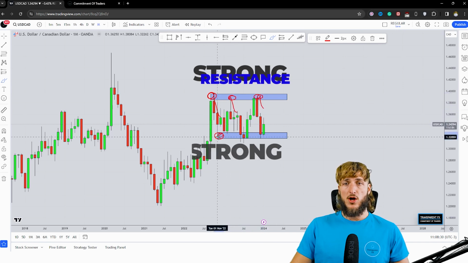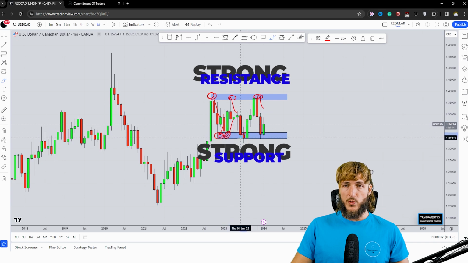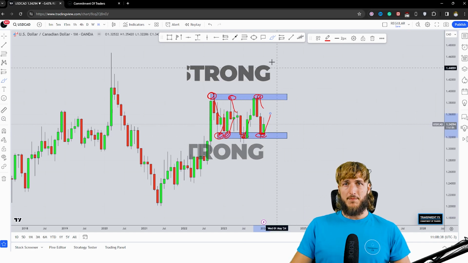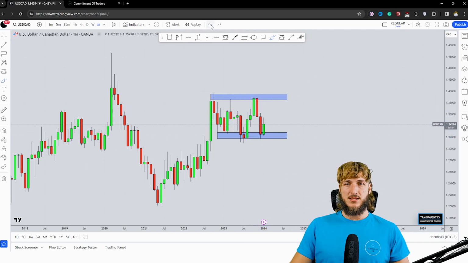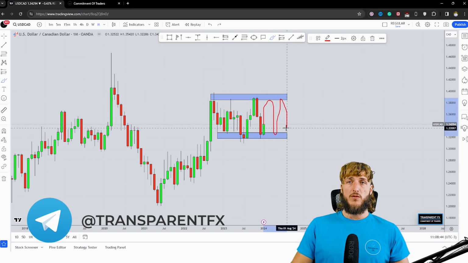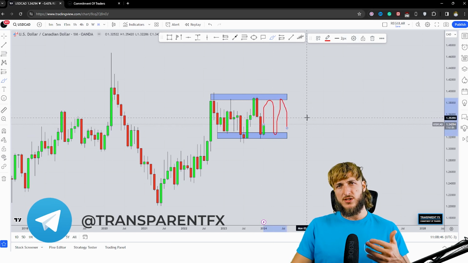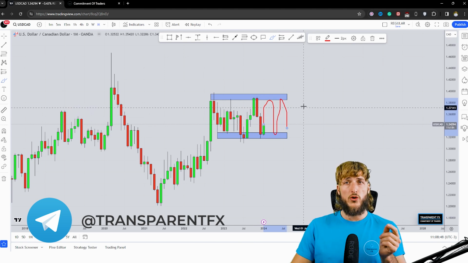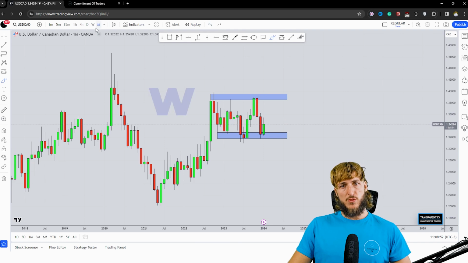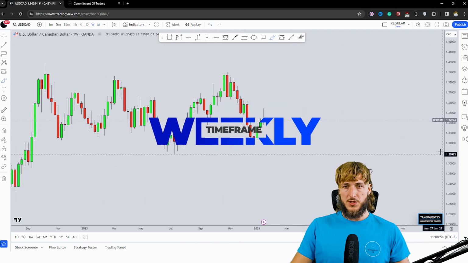And at the same time, we have support here at the bottom, which again, the market has tested multiple times and respected. So from a monthly standpoint, at the moment, the market seems trapped in between this resistance and support. And while it remains between these two levels, we could expect more ranging, so more horizontal price action from a monthly standpoint. Dropping down to the weekly time frame, what do we see?